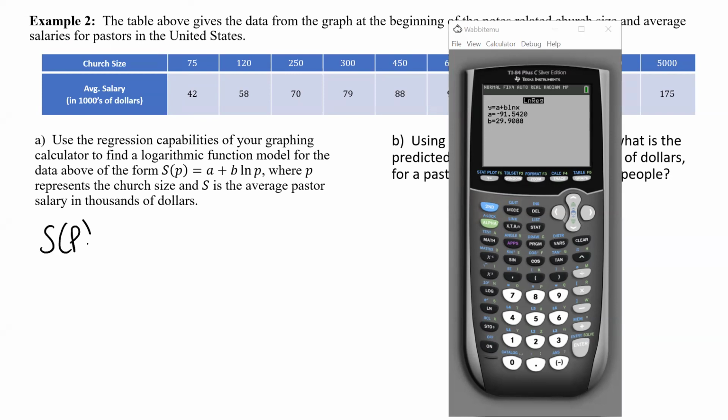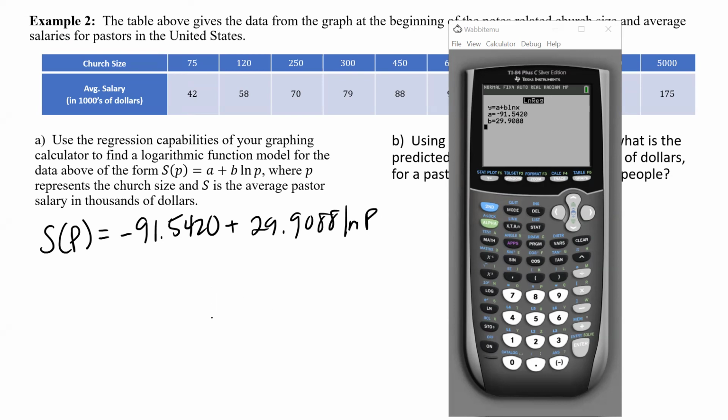S of P equals negative 91.5420 plus 29.9088 natural log of P. Okay. All right.